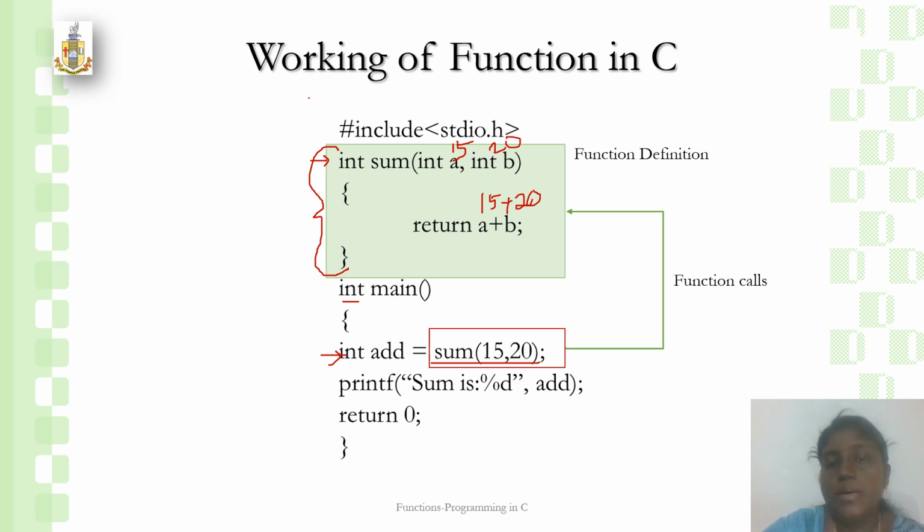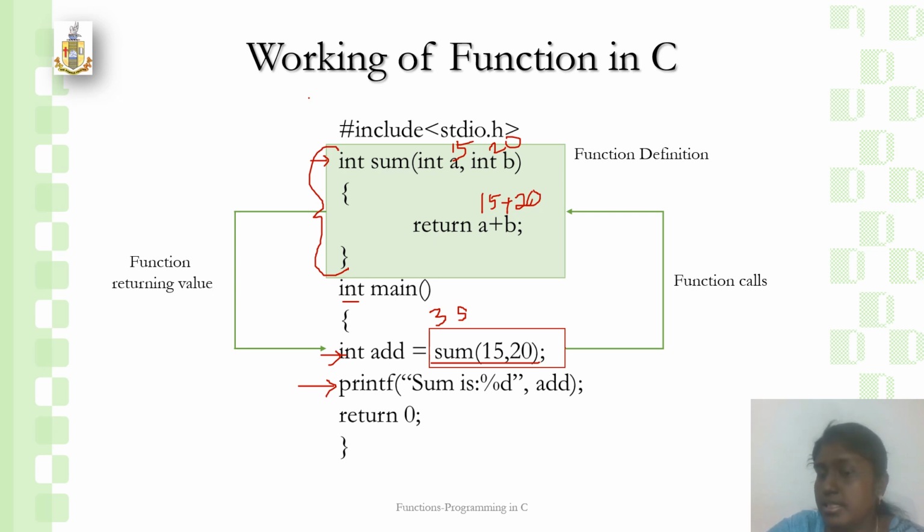After the body gets executed completely, we are returning the value. Which value will be returned? Here the value 35 will be returned, so the function is returning the value. Now add will be given the value 35, and then the control goes to the next line. Here the sum is percentage d.